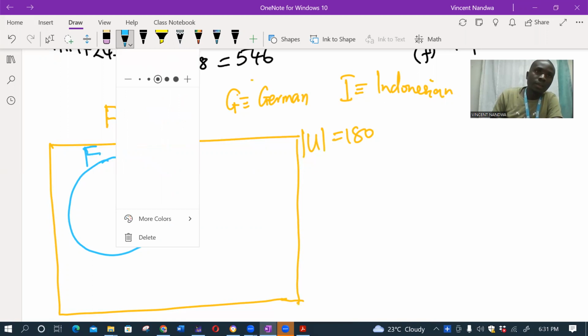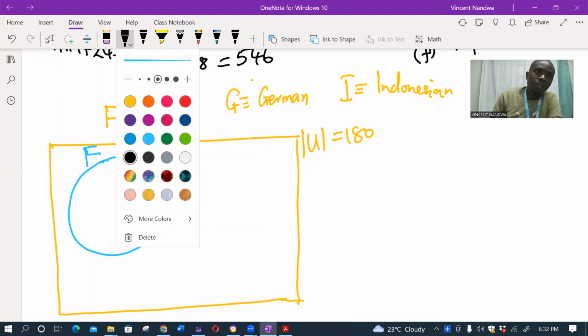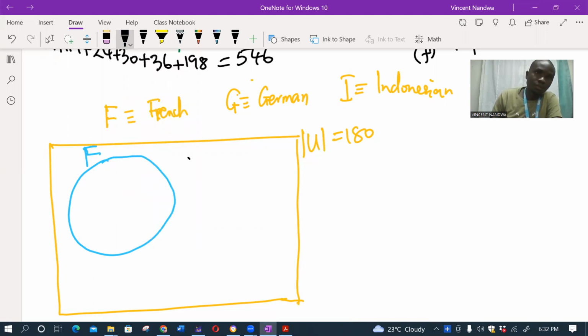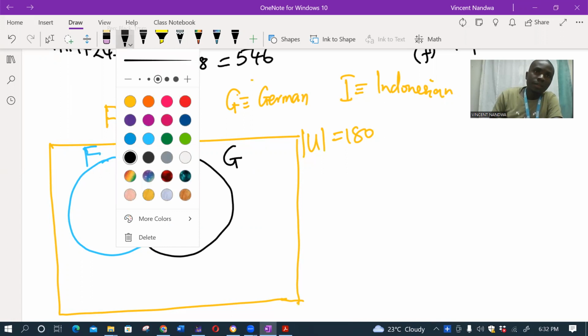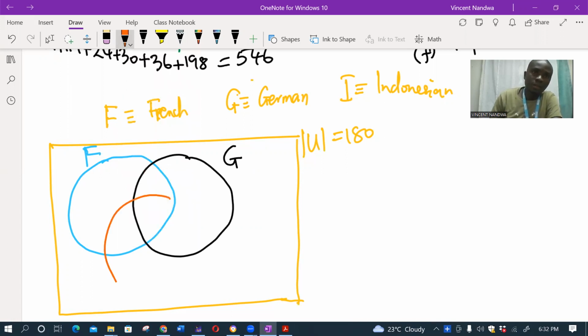Let this other one be the set of those who study German. Let this be the set of those who study Indonesian.